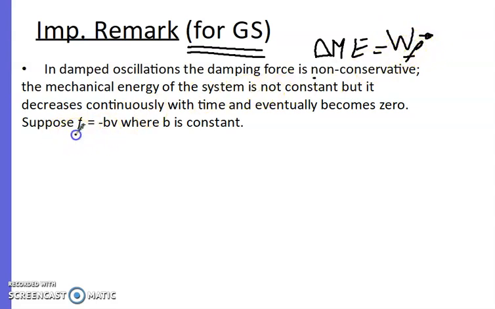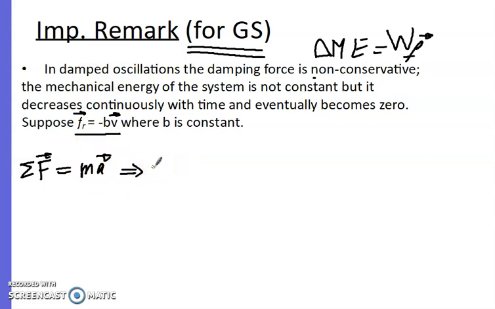So let's suppose that the friction is minus b v, or you can take it in vector form. b is a constant. Let's find the power of the friction force. Newton's second law: the sum of forces is equal to ma. I will apply it to the horizontal elastic pendulum in our experiment.